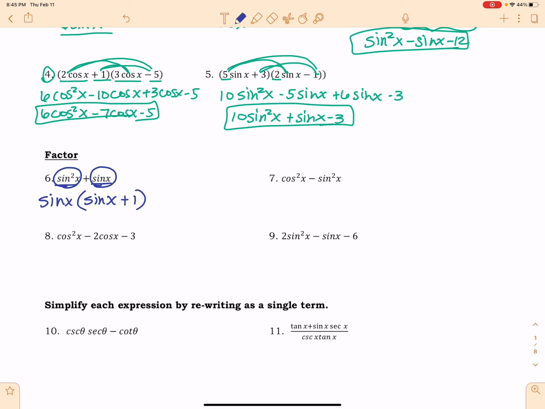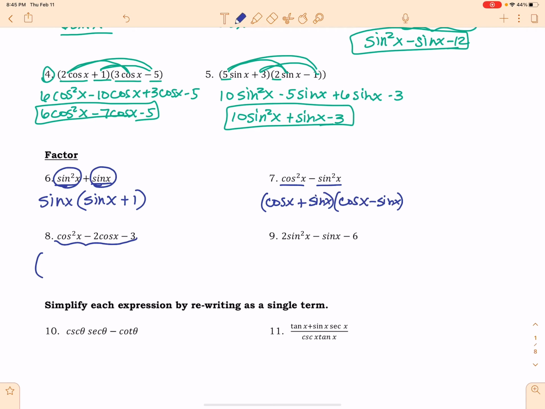And then this one right here, we have cosine squared x minus sine squared x. That is a difference of squares, so we factor it like we would any difference of squares. Cosine x here, sine x, positive, negative. Okay, here we have a trinomial.